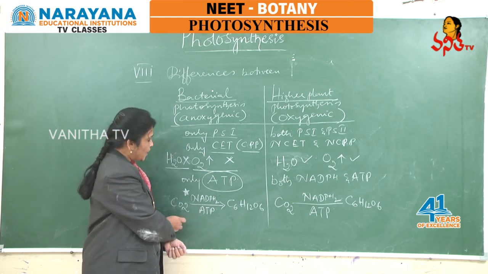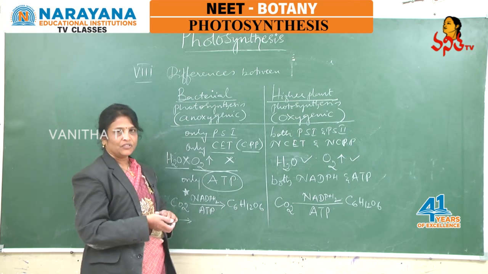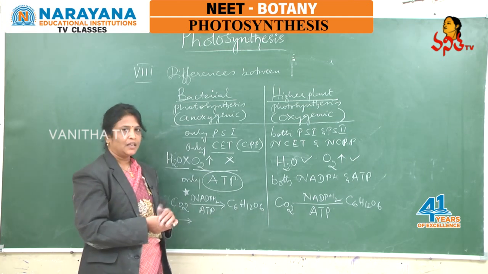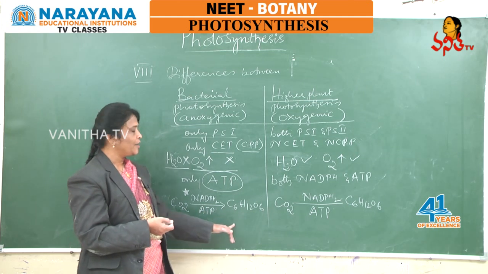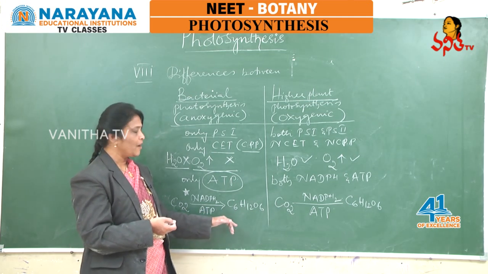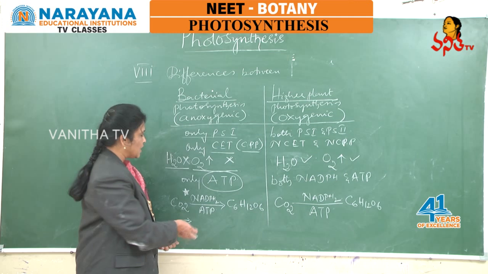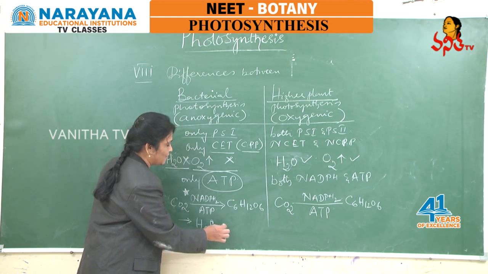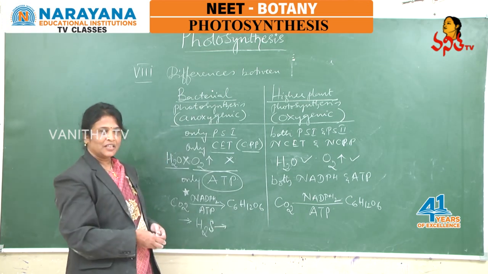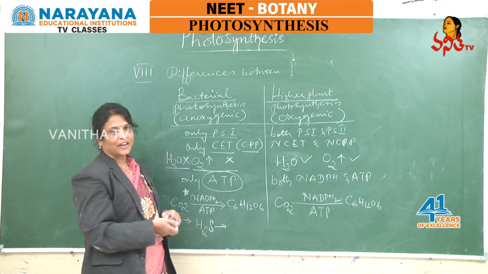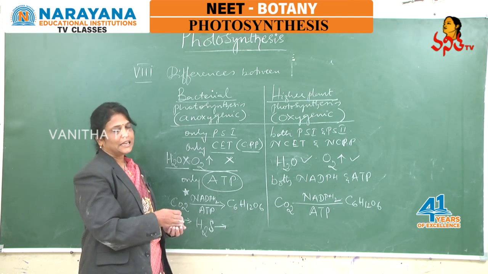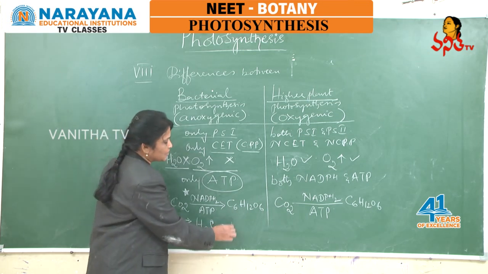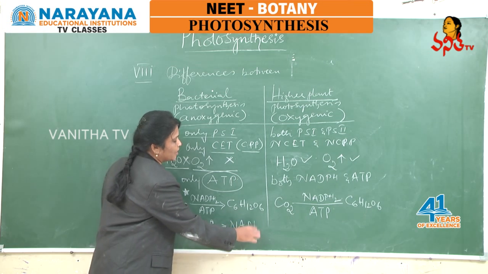For that, the explanation given by scientists, particularly Van Niel, is that there is a hydrogen donor specially found in bacterial photosynthesis, that is H2S. So instead of water molecules, H2S is involved in bacterial photosynthesis, as the donor of electrons and protons for NADP plus, and causes the synthesis of NADPH.